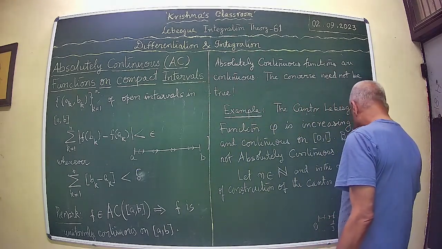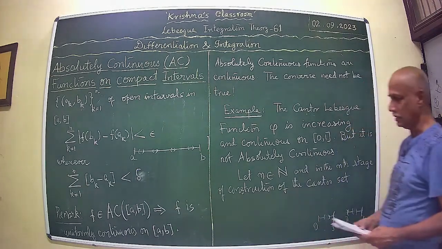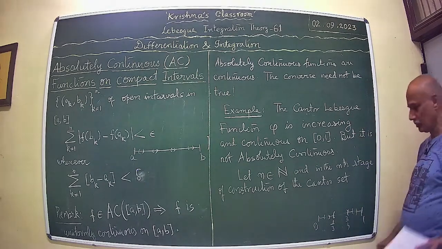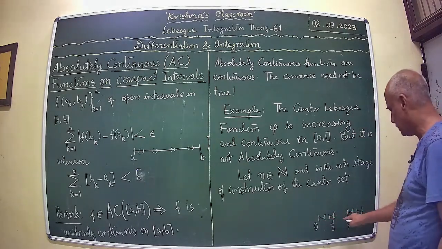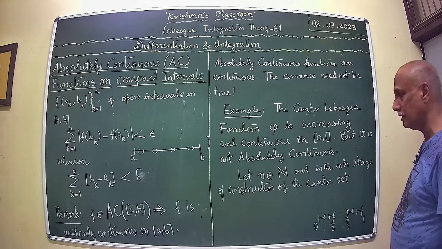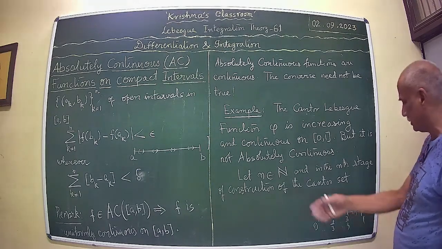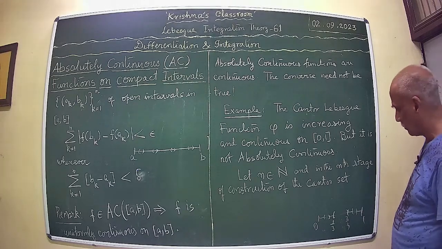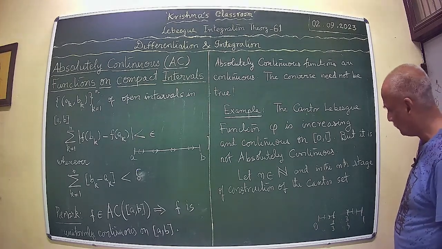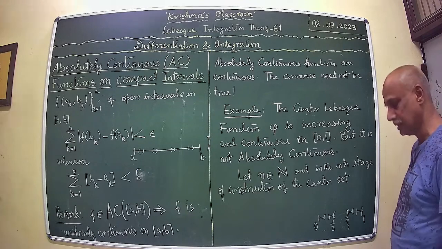That is at the second stage. You get four such sets and so on. Continue this process, and you are left with what is called the Cantor set.